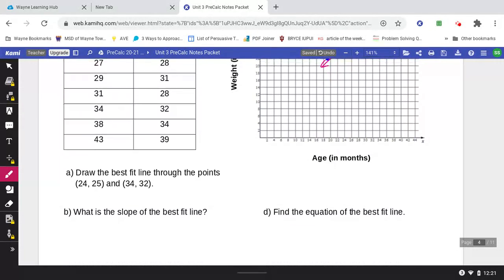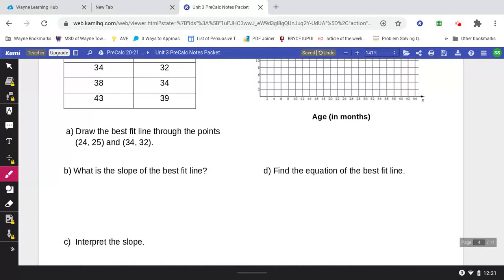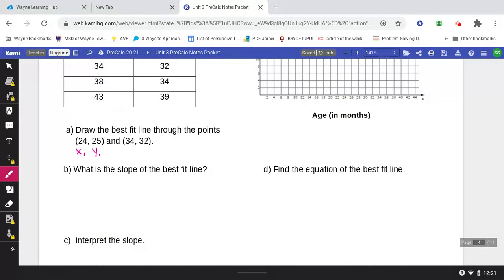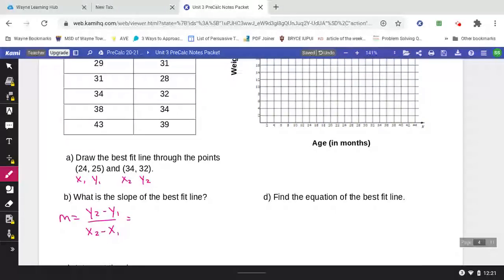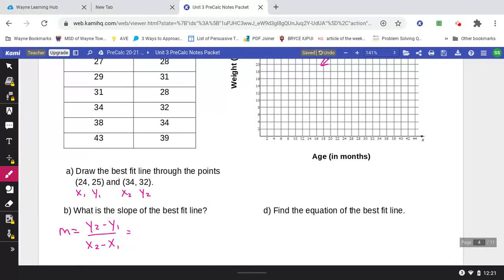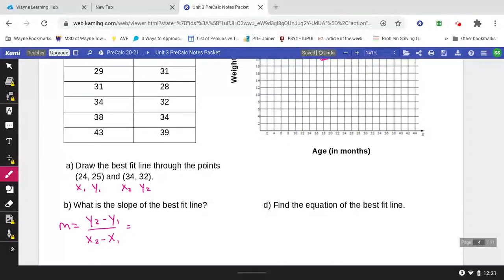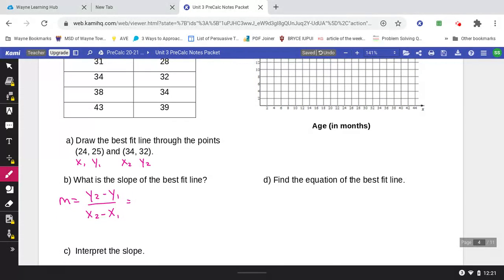The next thing we're going to do, find the slope of the line. Again, y2 minus y1 over x2 minus x1. If you do decide to count your slope on your graph, remember that these are counting by twos here. So each block would be a count of 2. Just be careful if you decide to do it that way.